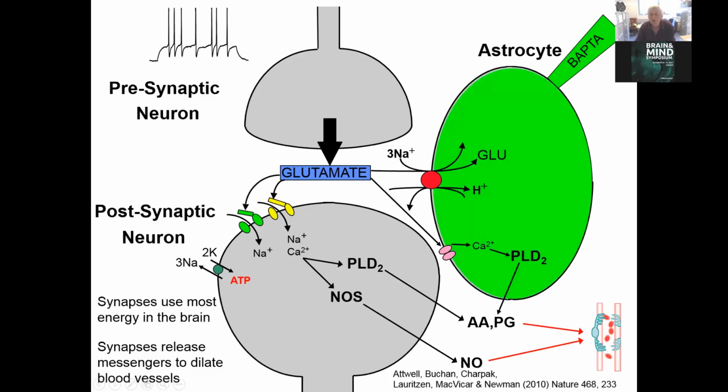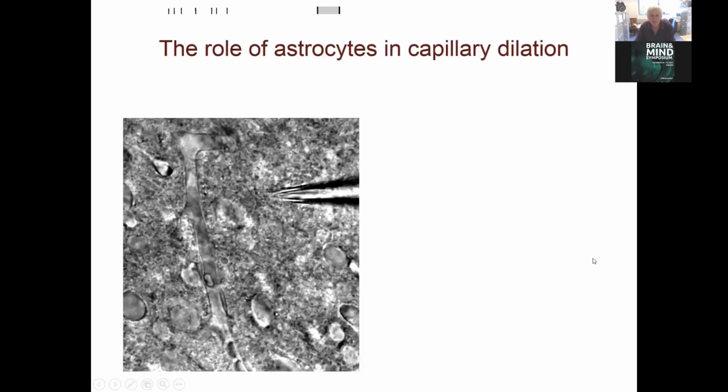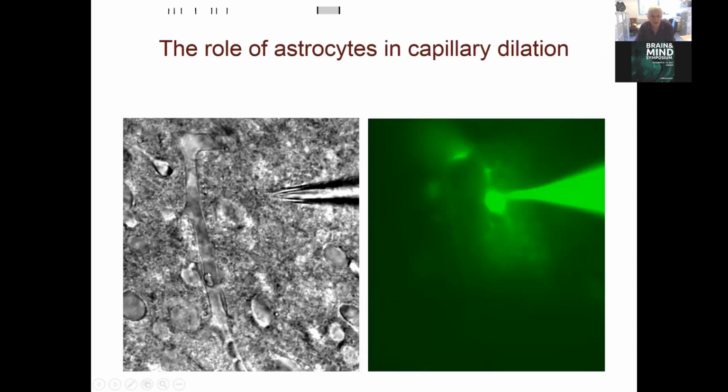And when we go whole cell, this will go into the cell, and if it's a fast-acting buffer of a high concentration, it will buffer calcium transients and stop these messengers being generated. And so you might hope that would stop the dilation being produced. This shows the experiment being done in a brain slice. There's some capillaries here. This astrocyte has got an input onto this capillary just here.